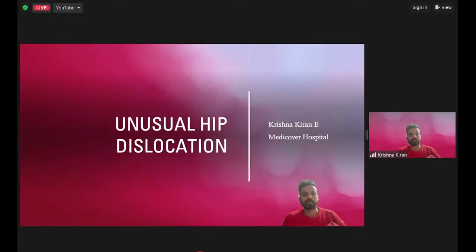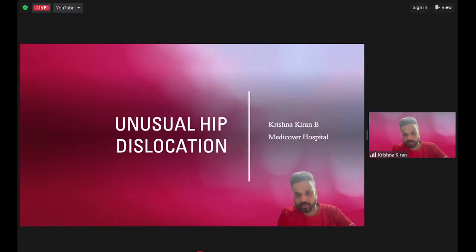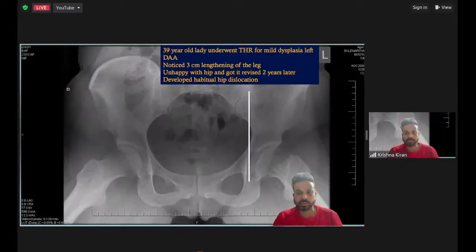Yes. So this is a case of unusual hip dislocation. I think we can take it slowly because it is just a single case. This was a 39-year-old Caucasian lady with a problem on the left hip, mild pain and probably grade 1 dysplasia.